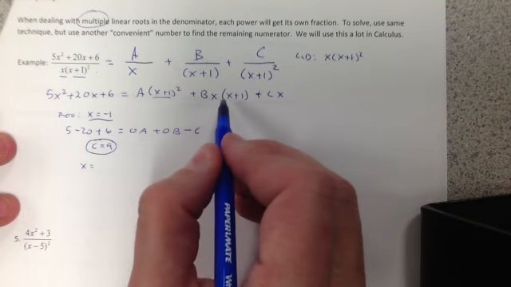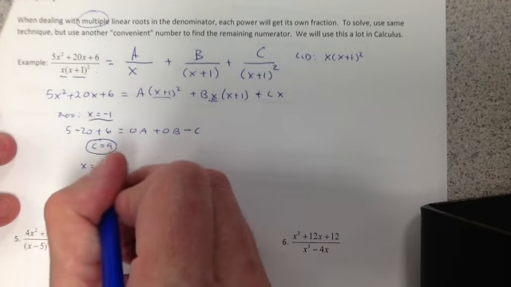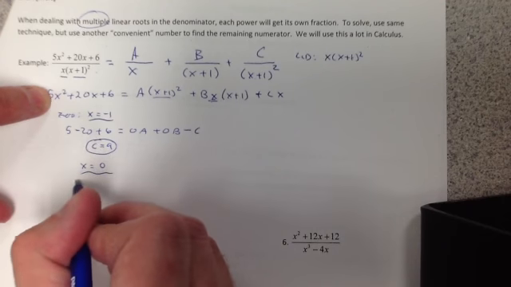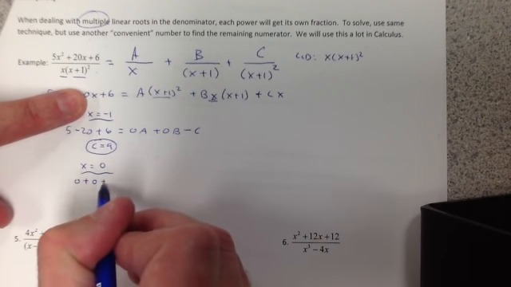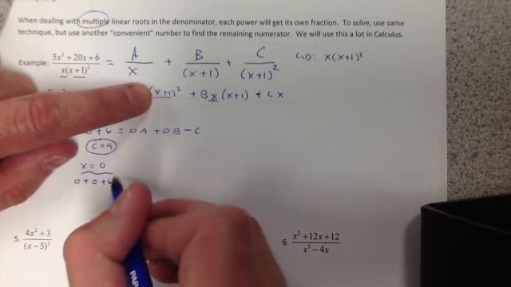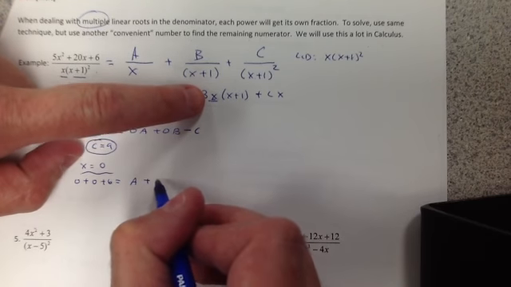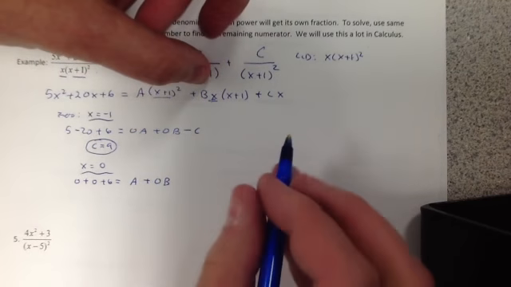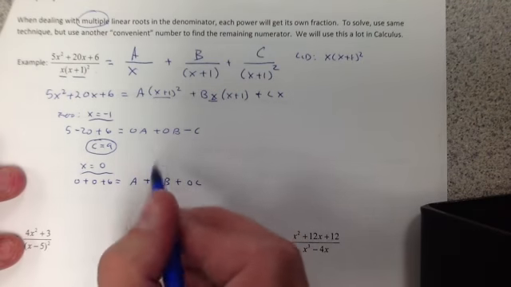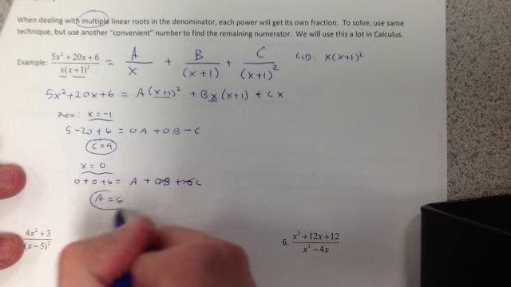Now, I already have x plus 1, so my other one must come from this x right here. X equals 0. If I plug it in, 0 plus 0 plus 6 equals, be careful, 0 plus 1 is 1, squared is 1, so we just get a, plus 0b, because 0 times anything is just 0, plus 0c. So the b and the c don't matter, and we get a equal to 6.